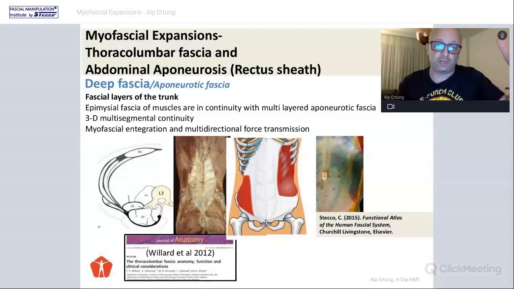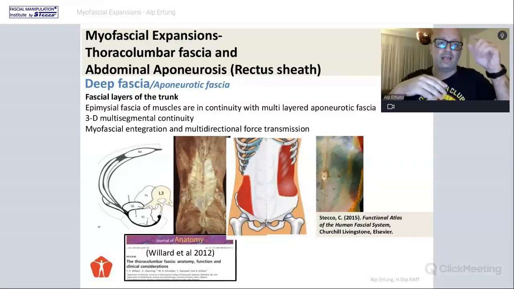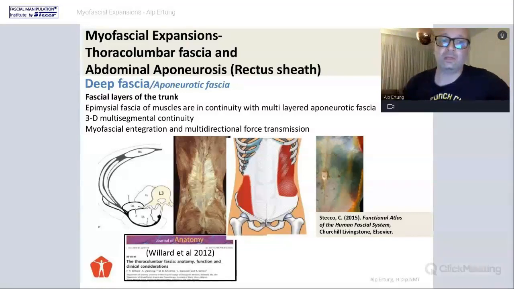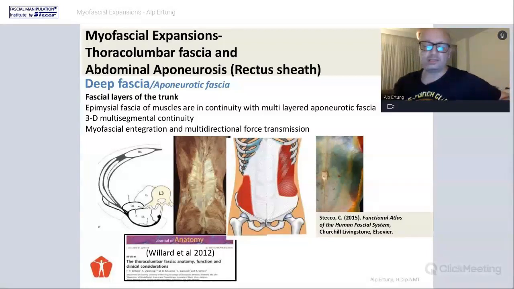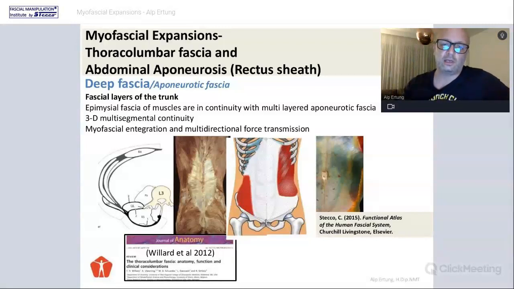They are aponeurotic fascia type, and they have multiple layers, and they are affected by a lot of different tissues, a lot of different structures, and they have three-dimensional multi-segmental continuity. And the myofascial integration and multidirectional force transmission is due to these special features, special connections of these structures.